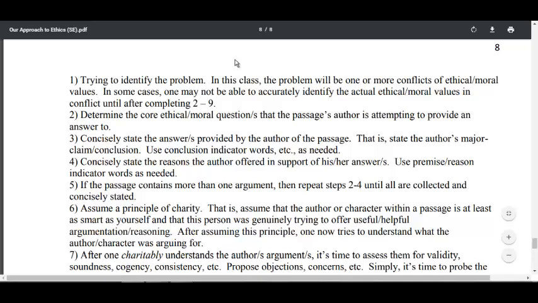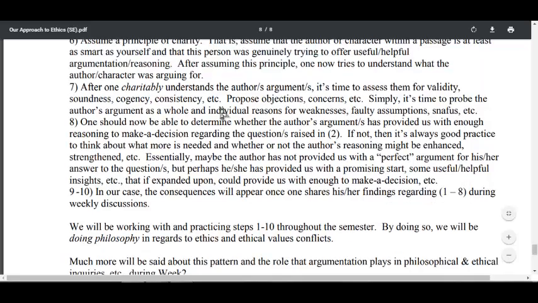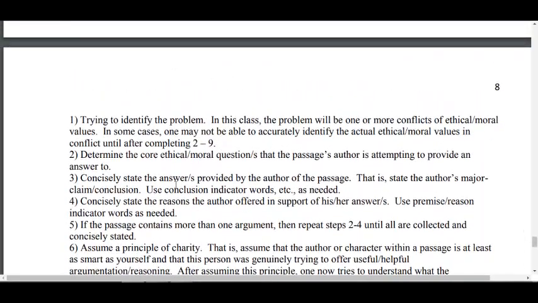It'll all be dealing with value conflicts or some ethical dilemma, some scenario. And you'll always be able to approach it and apply this sort of 10-step process to that. This is what we will practice all semester.